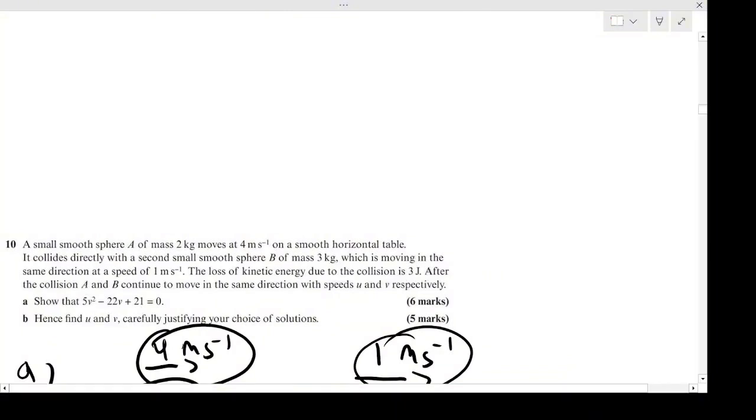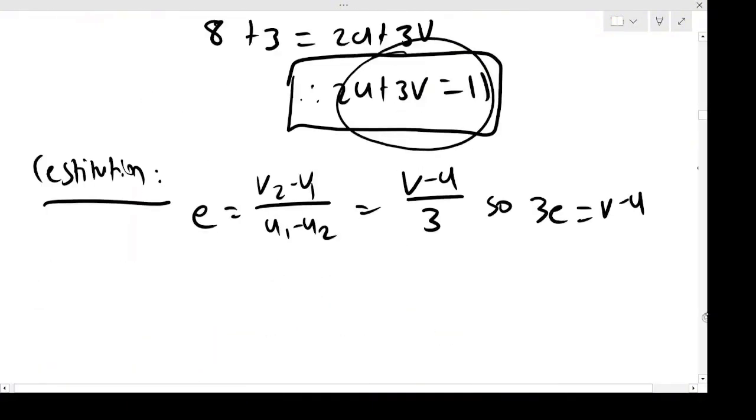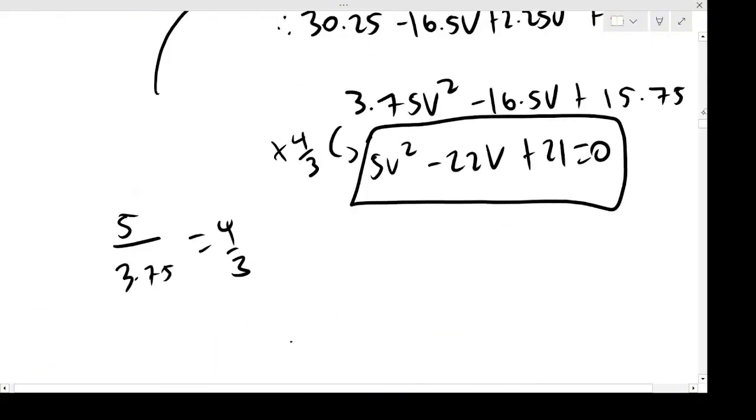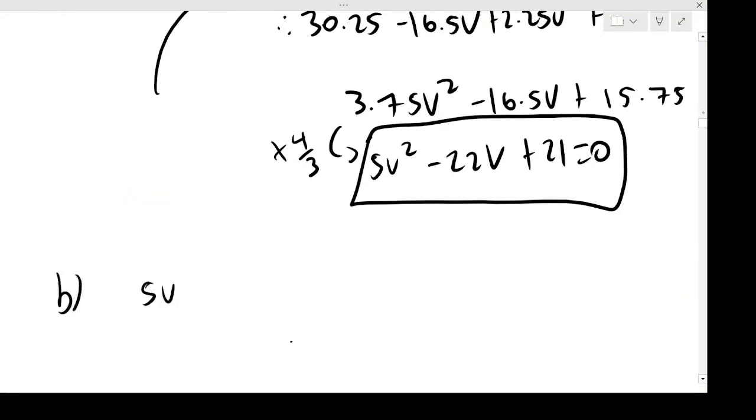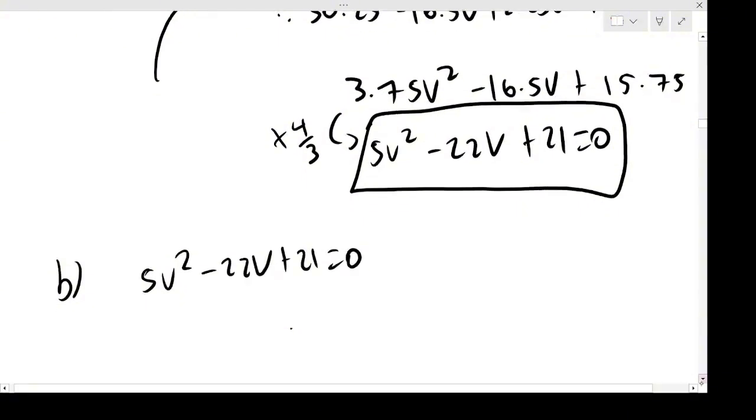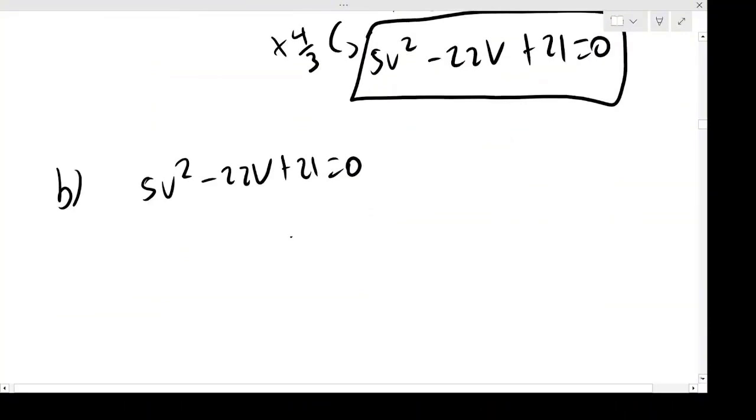Then it says in part B, hence find u and v. Well, we can find v straight away because now we can solve this equation for v. So we solve 5v squared minus 22v plus 21 equals 0. I can solve that however you want.